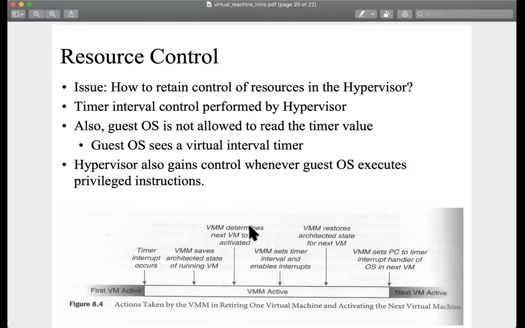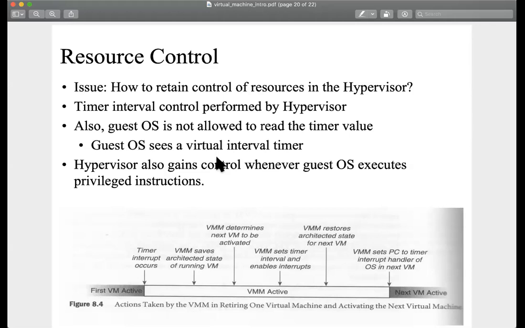Okay, sorry about that. So another issue to consider is, how does a hypervisor maintain control of the underlying resource? I believe we possibly talked about this in our very first class when we talked about what an operating system does and how its code can be invoked. So a hypervisor is just like an operating system.